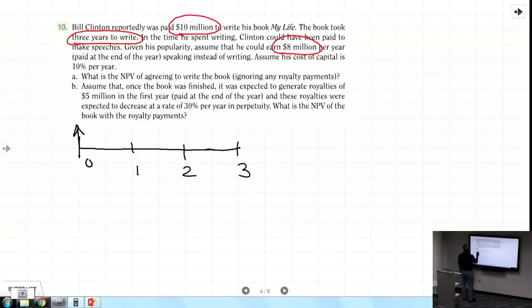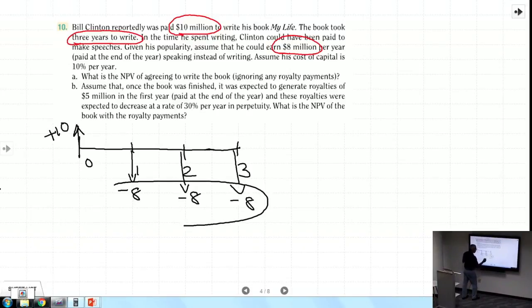So at time 0, he has a positive cash flow of 10 million, but he's also giving up opportunity cost of $8 million each year. So he's losing $8 million. So net present value would be the present value of these cash flows plus the present value of this cash flow. In this case, the future cash flows are negative and the present cash flow is positive.